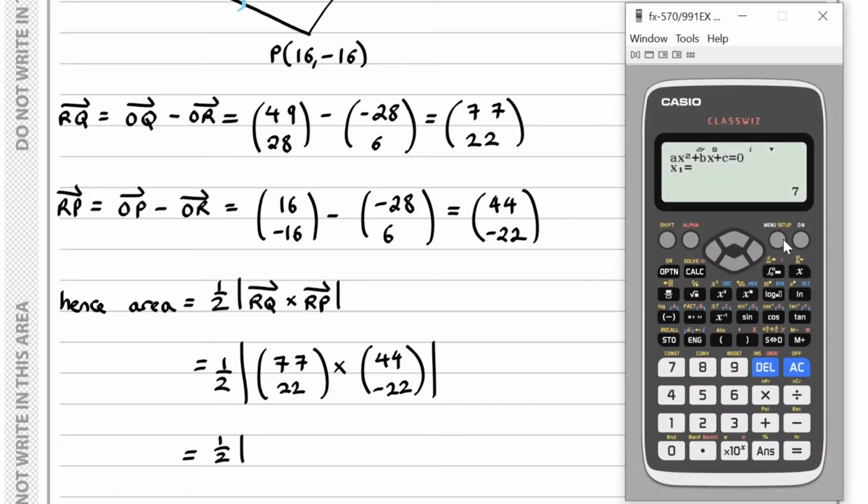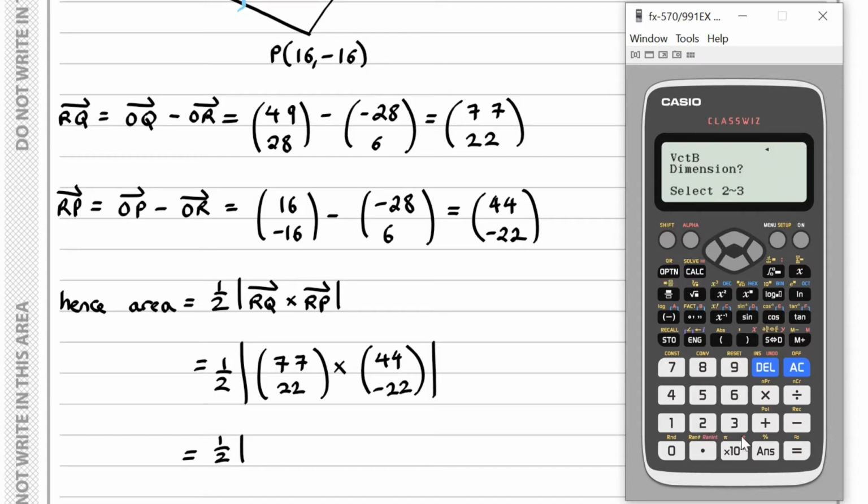So if we go to the vector menu, defining vector A with 2 dimensions, and you can even make it 3 dimensions with the k component equaling 0, it doesn't make a difference, we have 77, 22, that's our first vector.